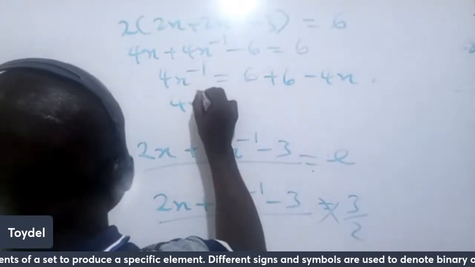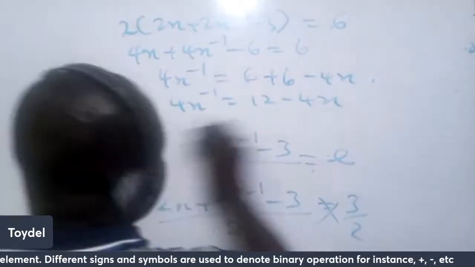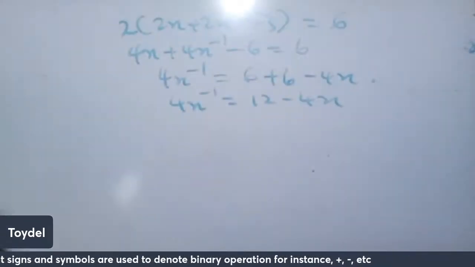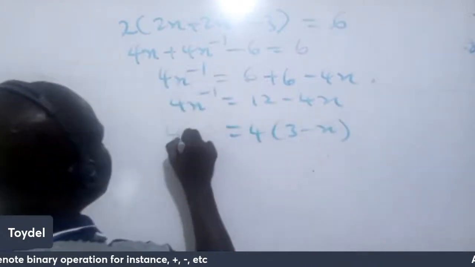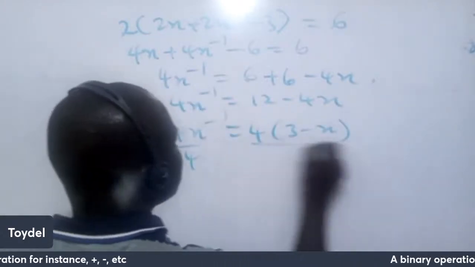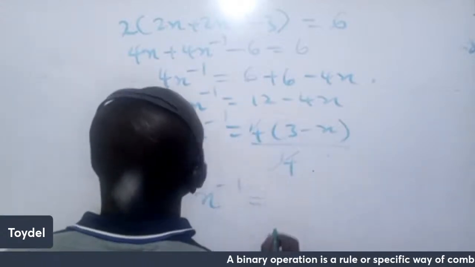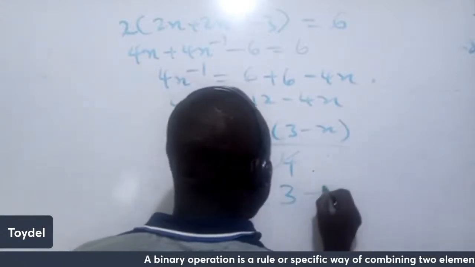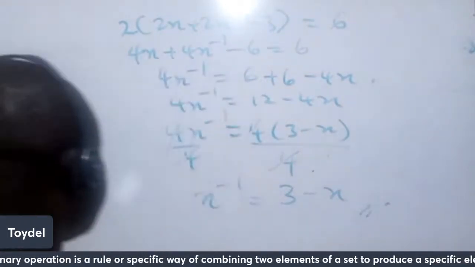Then 4x inverse will be 12 minus 4x. In this case now, we can bring out 4 here. I'm going to have 3 minus x. That will be 4x inverse. Divide both sides by 4. 4 will take care of 4. So x inverse will now be 3 minus x. And that is what we are asked to find.